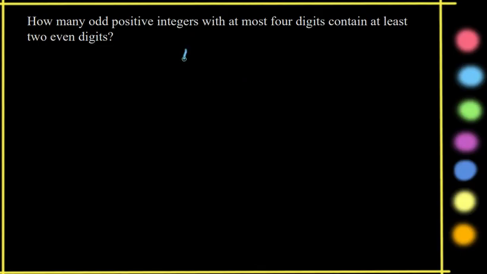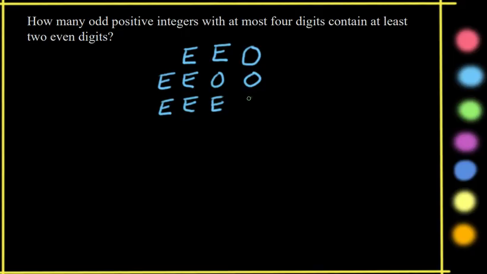And if we do have 3 digits, it'll be even for the first digit, even for the second digit, and odd for the third digit. So that's one possibility. Another possibility is that we have 4 digits. And in that case, we've got a few different possibilities. We could have even, even, odd, odd. That would work. We could have even, even, even, odd.